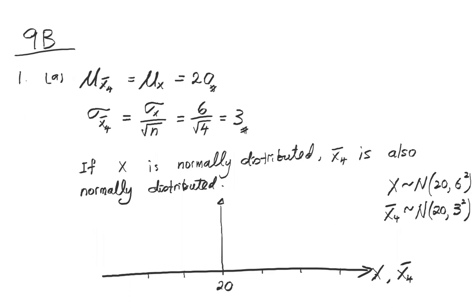Why do I make 3 marks? Because for any given variable which is normally distributed, the probability of the value being within 3 standard deviations away from the mean is almost equal to 1.